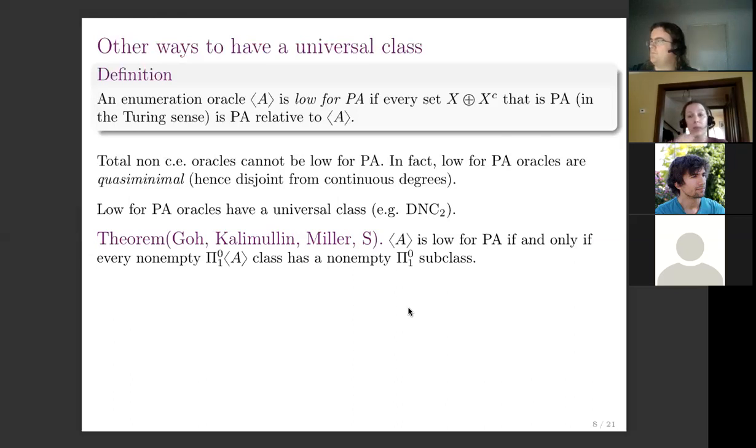That is useful. It turns out that A is low for PA if and only if every non-empty Pi-0-1 relative to A class has a non-empty Pi-0-1 subclass, so unrelativized. Clearly if it does, then the PA degree computes a member of that Pi-0-1 subclass.